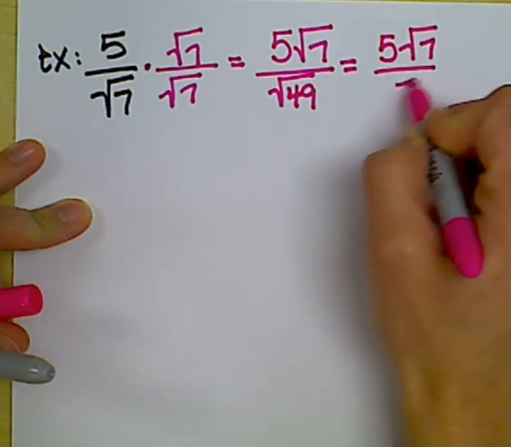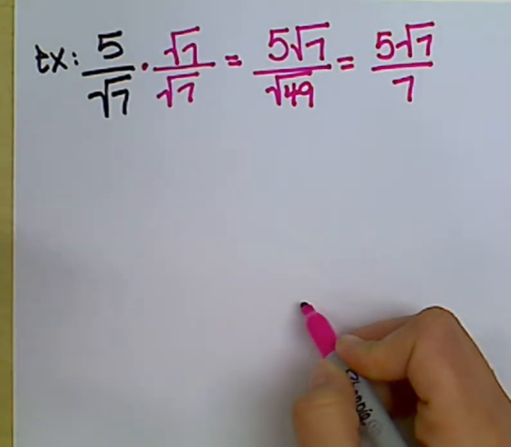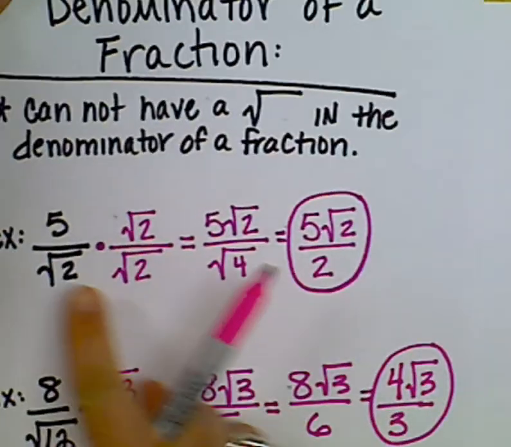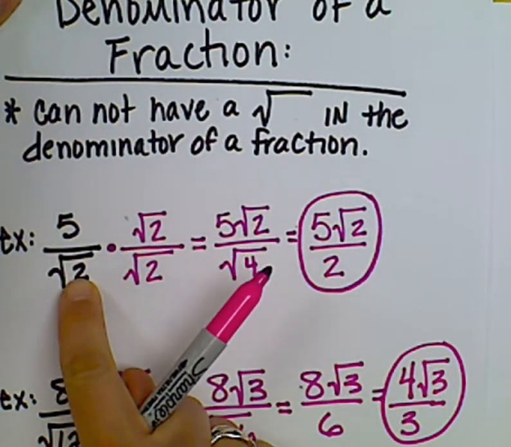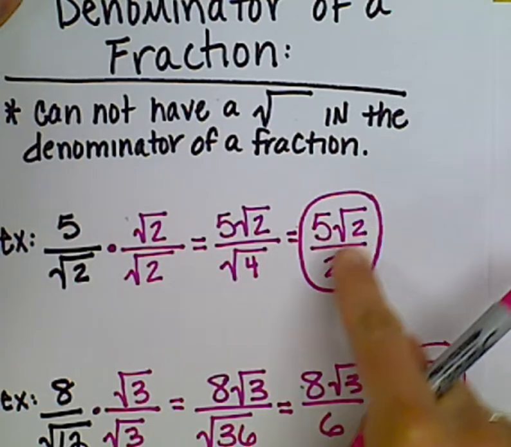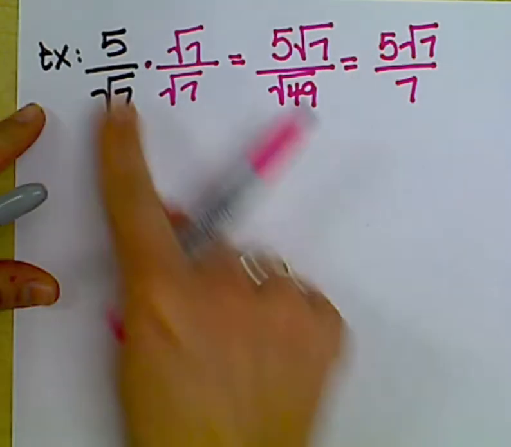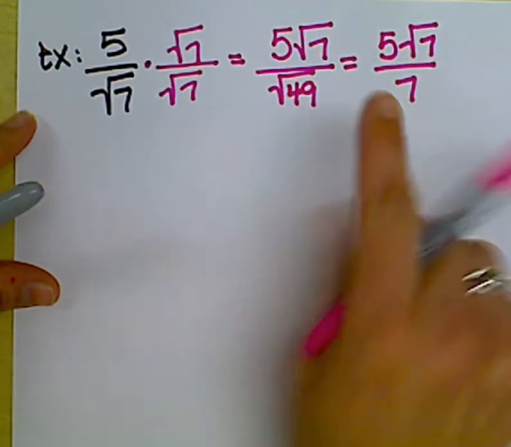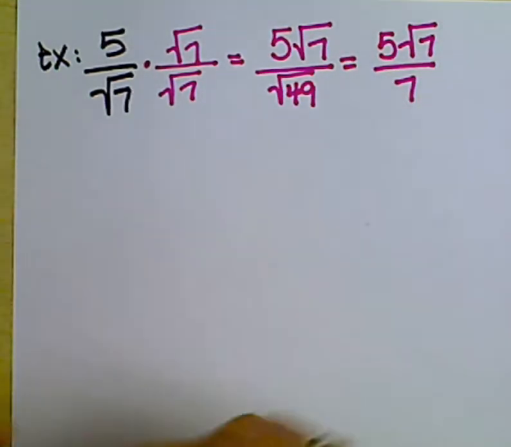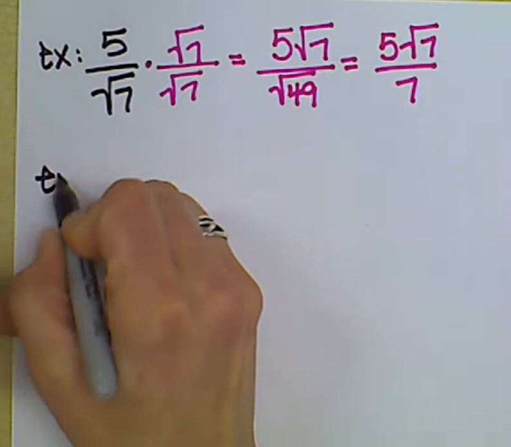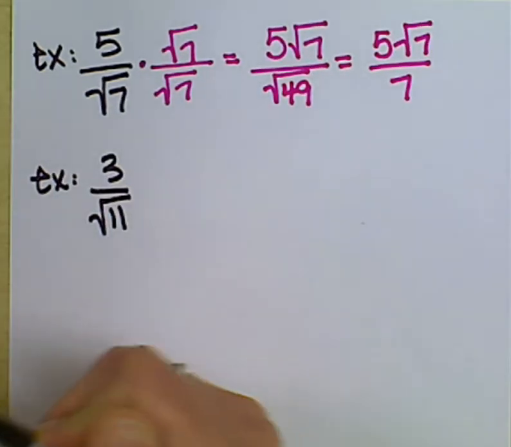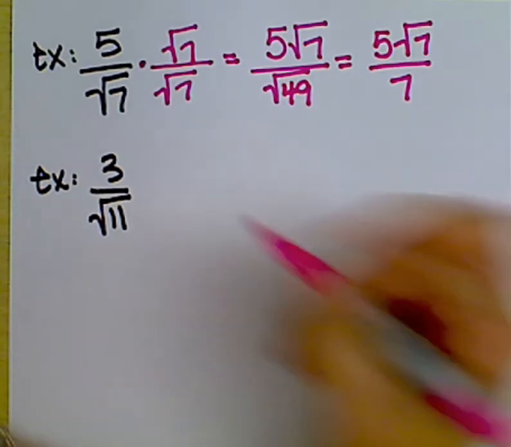And what you should start to see is a pattern. Notice here, we started with 5 over radical 2, and now we have 5 radical 2 over 2. Here we started with 5 over radical 7, and we ended up with 5 radical 7 over 7. In the next one, if I wrote down another problem, 3 over radical 11, you should see a pattern.